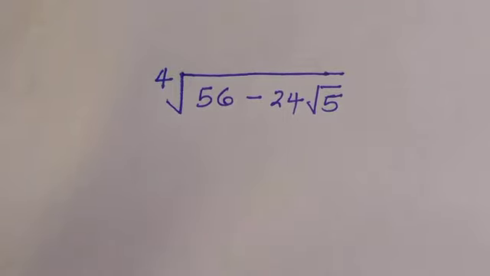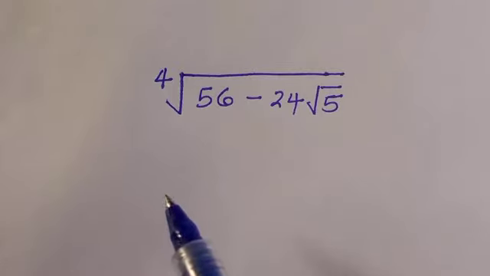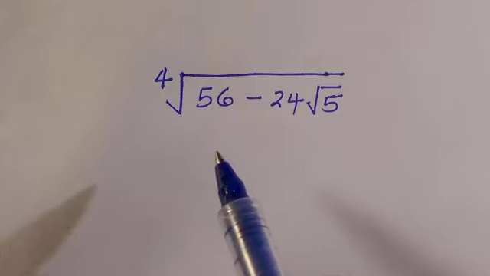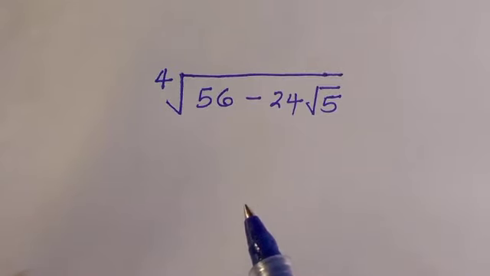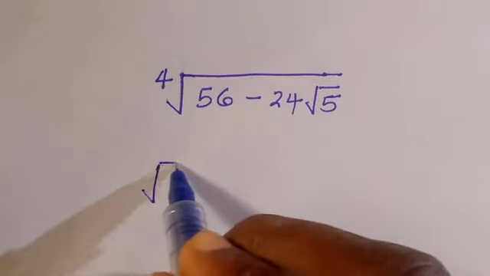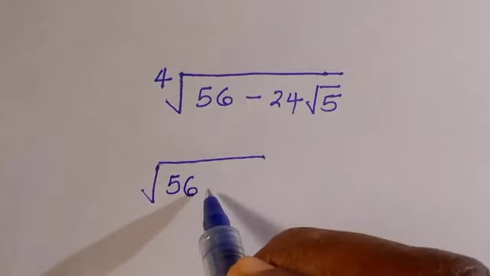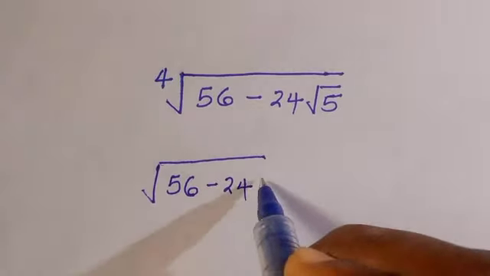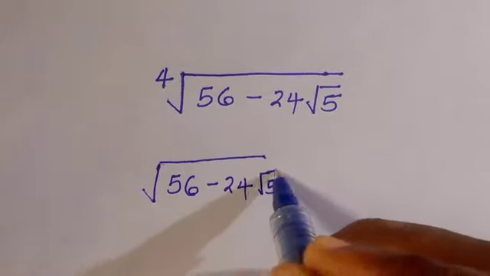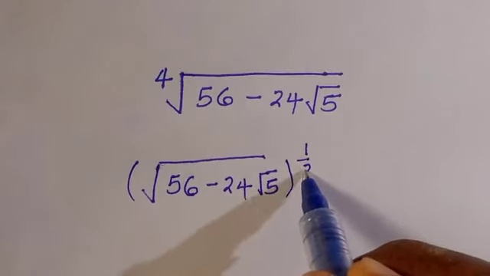And you are welcome. How to solve these Olympiad radical simplifications, given the fourth root of 56 minus 24 root 5. To solve this problem, we can write this as the root of 56 minus 24 root 5, then all raised to the power of 1 over 2.